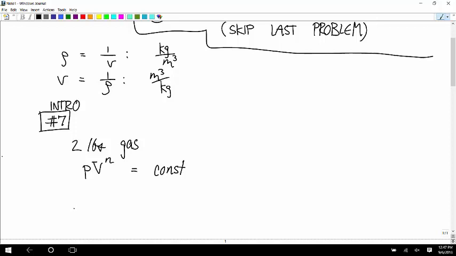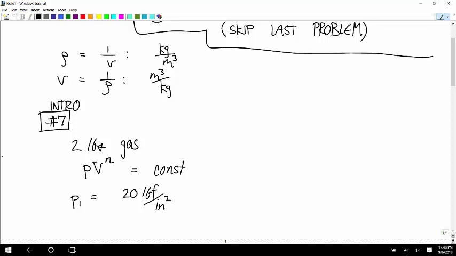We start with P1 equal to 20 pounds, 20-pound force, being very specific about the fact that this is talking about a pound as a force, divided by inches squared.